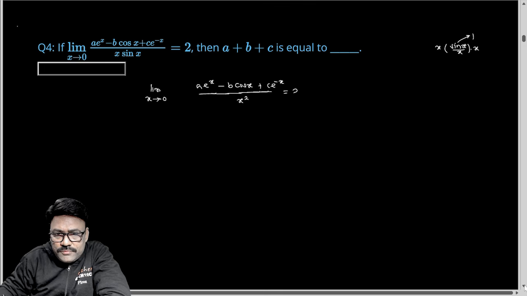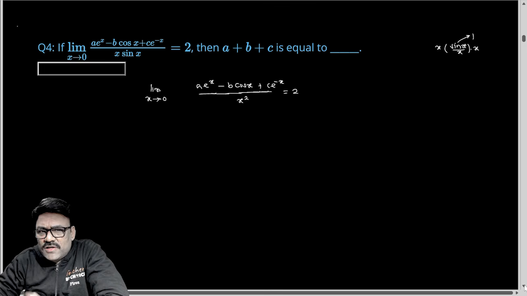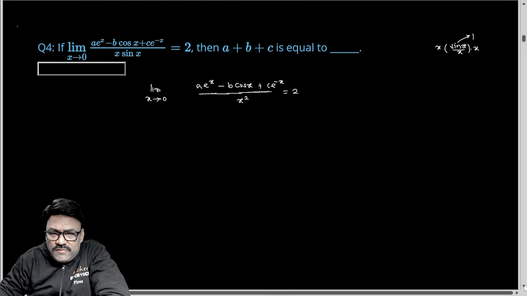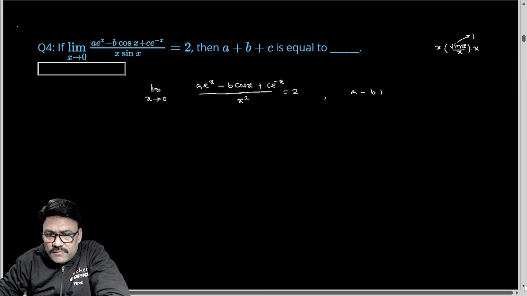This limit is 2. Since denominator is approaching 0, numerator must be approaching 0. So if I put x is equal to 0, numerator should be 0. If I put x is equal to 0, I will get a minus b plus c is equal to 0.